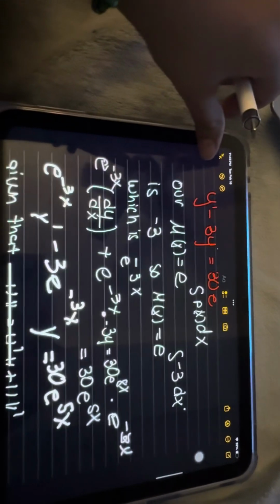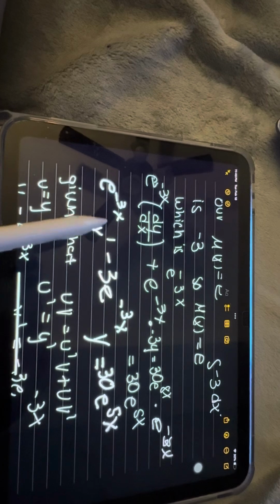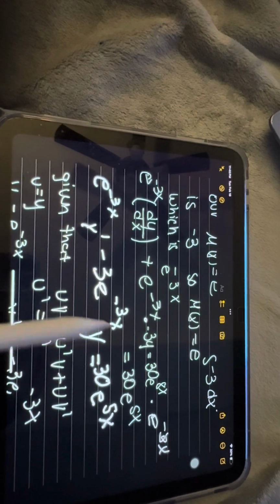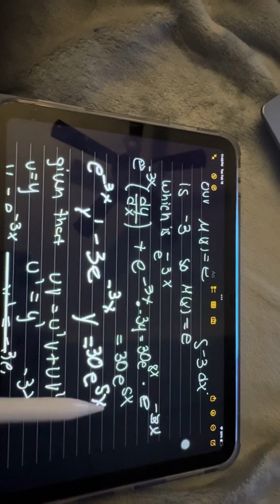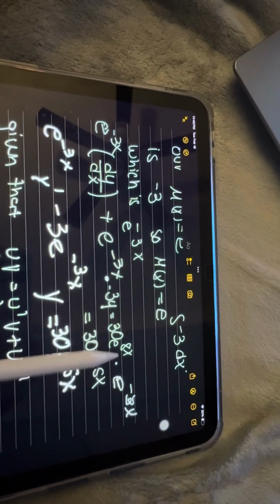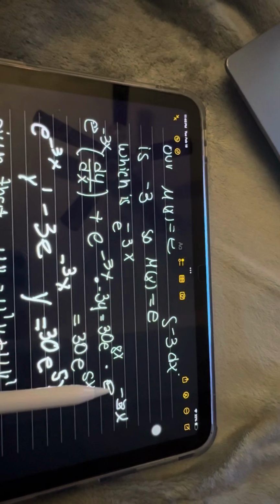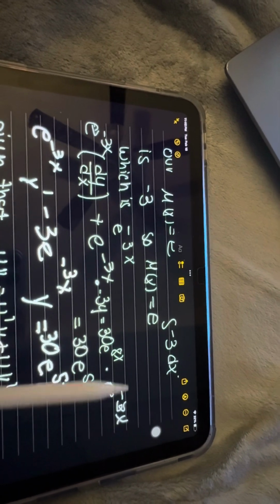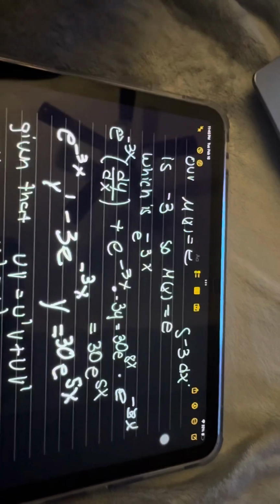We then get e to the -3x y prime minus 3e to the -3x y equals 30e to the 5x. The 30e to the 5x is already simplified: it is basically just adding the -3x to the 8x, which gives us 30e to the 5x.